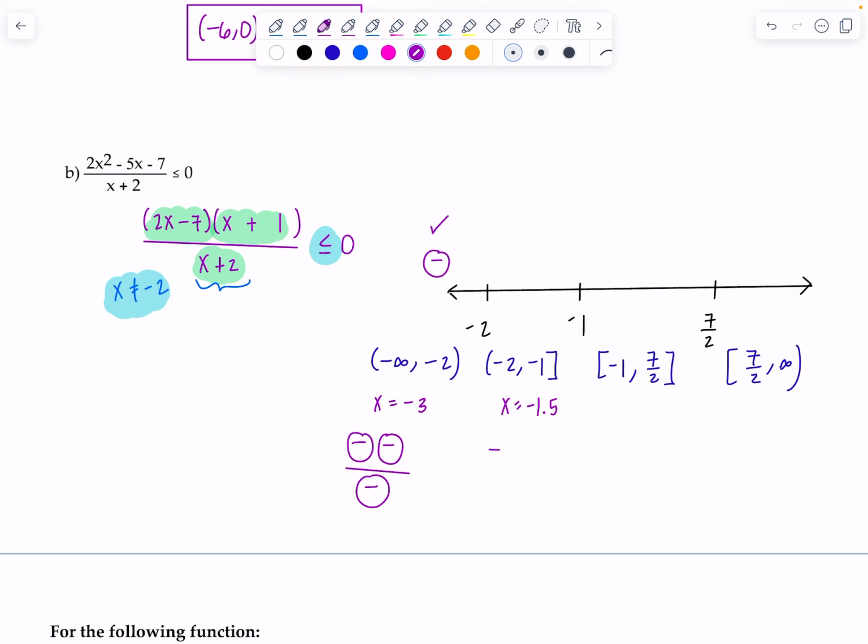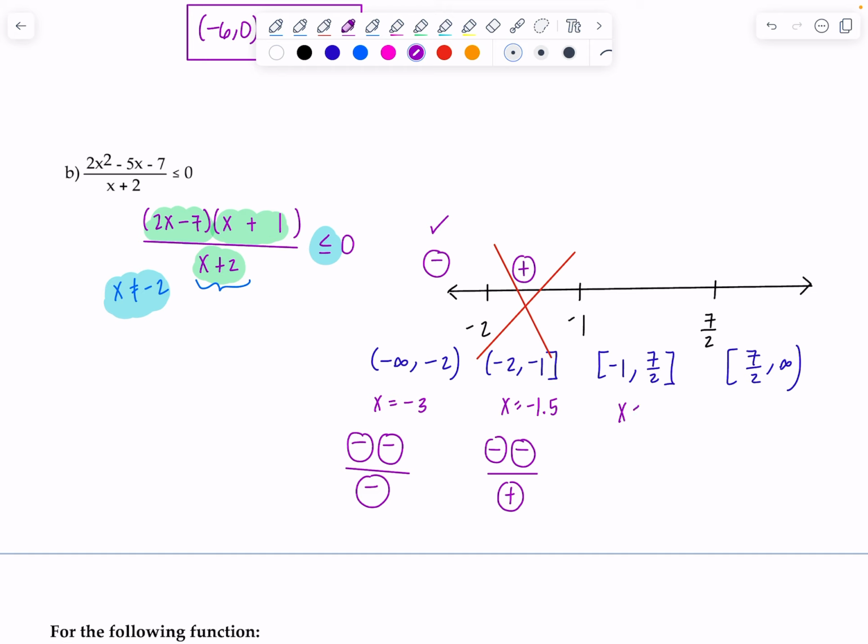Minus 7, that's negative. -1.5 plus 1 is negative. -1.5 plus 2 is positive. So 2 negatives make a positive, divided by a positive, everything here's positive. Do we want that? This time, no. Remember, our inequality is less than or equal to 0, so we want something to be negative.